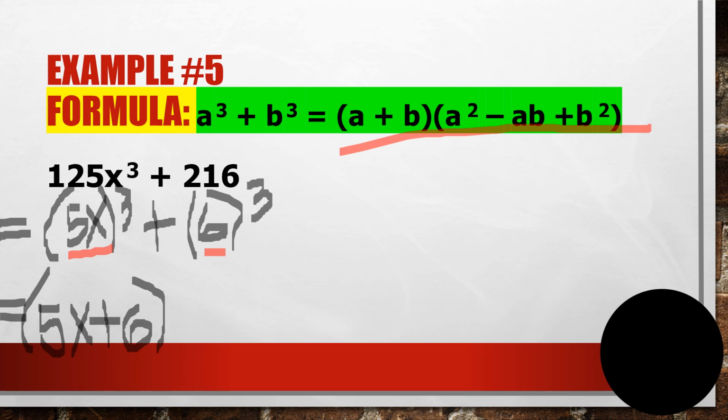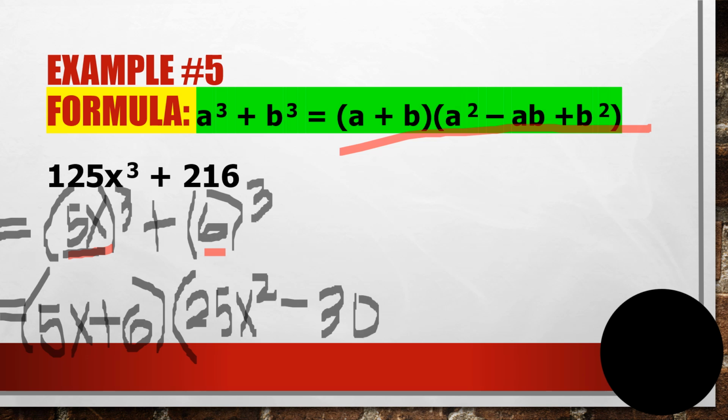Close, and then open parenthesis, A squared, which means 5x times 5x, you have 25x squared, minus A times B. So 5x times 6, 5 times 6, you have 30x, plus b squared.